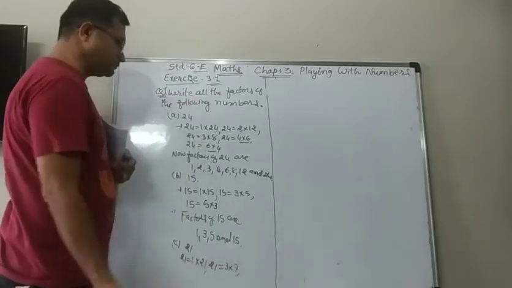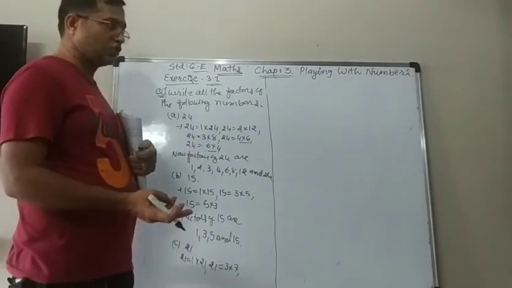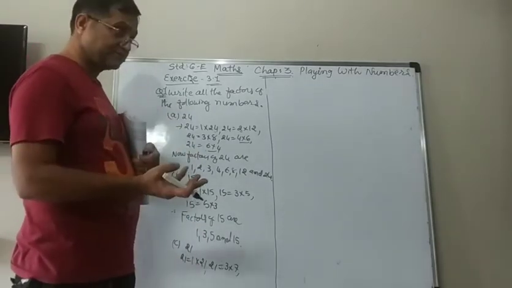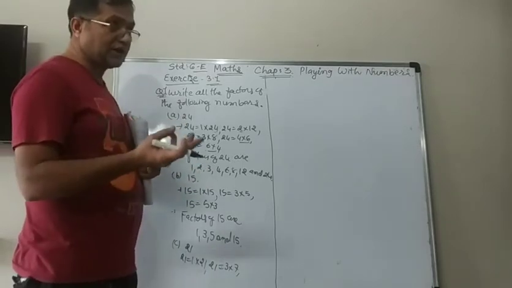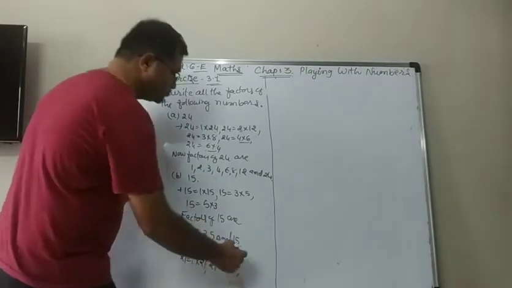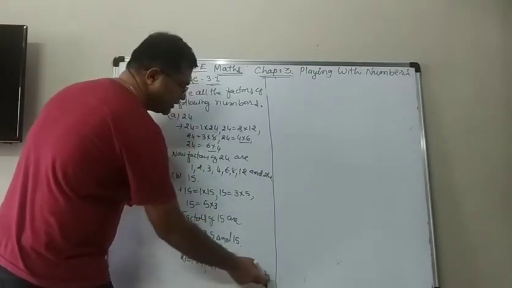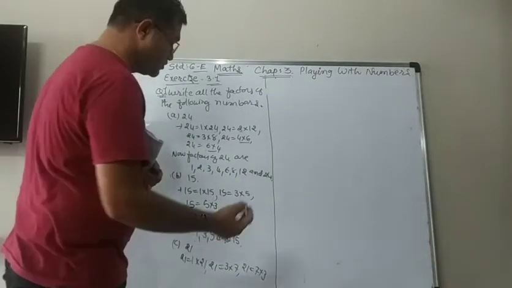Then it is not divisible by 4 because it is not coming in the 4th table. In the 5 table also not there. 6 3s are 18, 6 4s are 20, so it is not. 7, yes, so 21 is equal to 7 into 3. So you can see that it is repeating, 3 7, 7 3. So we have to stop.